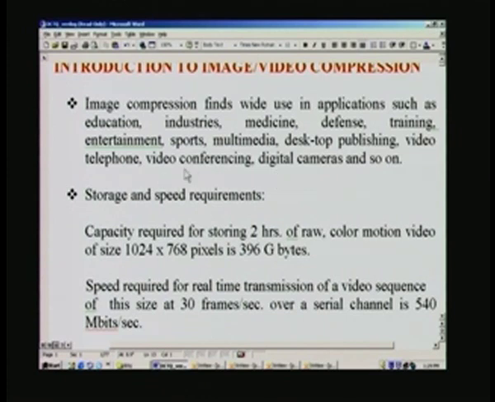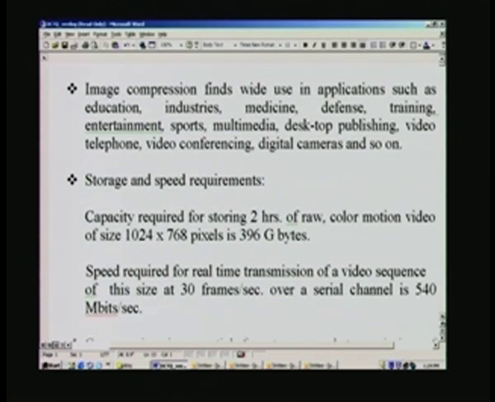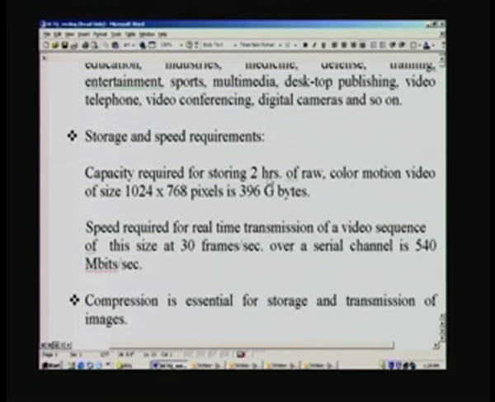In the video picture, for raw video, let us say 2 hours of color motion picture of very high resolution, say 1024 by 768 pixels, you need a very high storage of the order of 396 gigabytes, and also much higher bandwidth requirements.